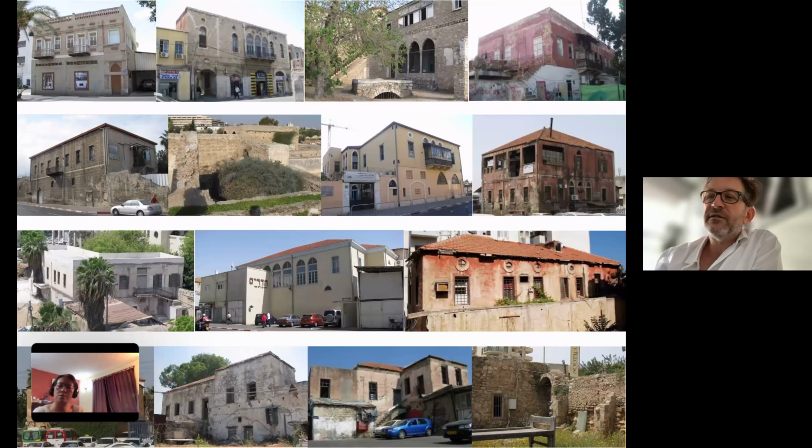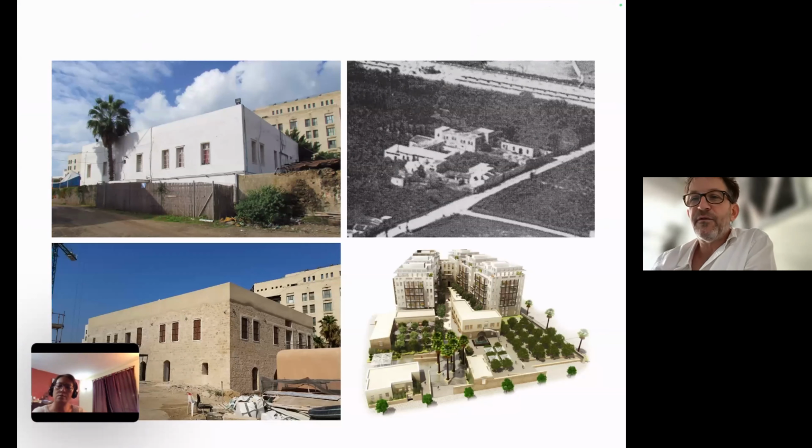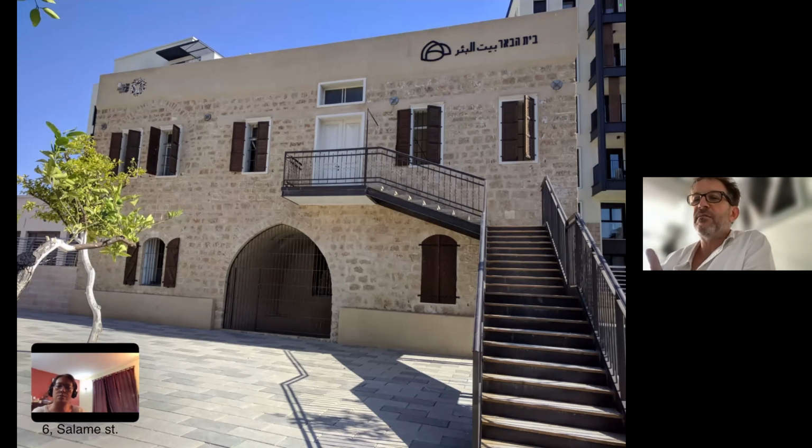So they were all neglected, and we decided to conserve them, but to create new centers for public uses, and in that sense to renovate them, to conserve them, and to open them to the public as areas with multi-languages.